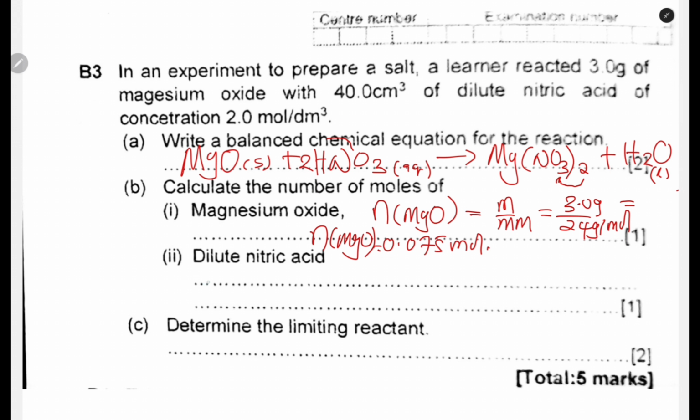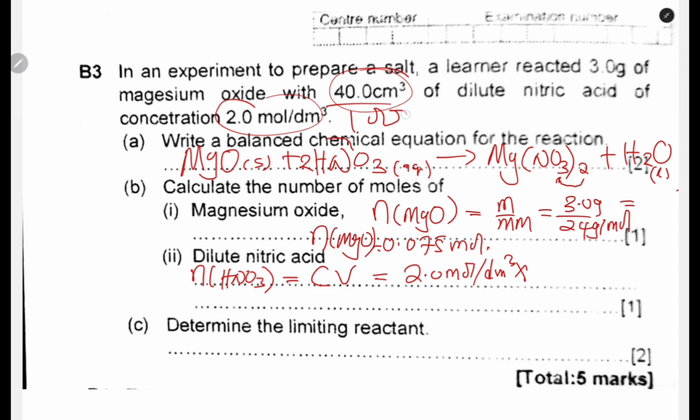Then the number of moles of dilute nitric acid. Now, what are you given on nitric acid? You are given the volume and the concentration. So number of moles of nitric acid is equal to concentration multiplied by volume. So the concentration is 2.0 mol per decimeter cubed multiplied by the volume, which is 40. We just divide this one by 1000.